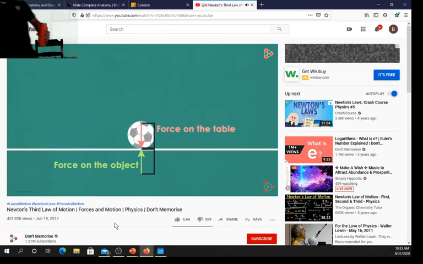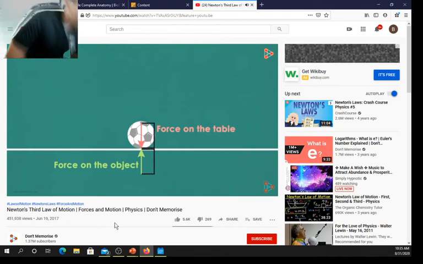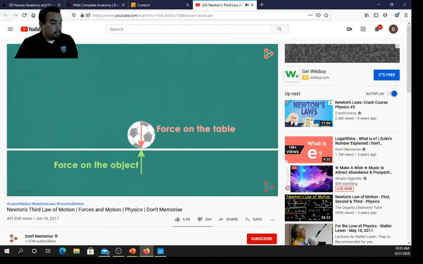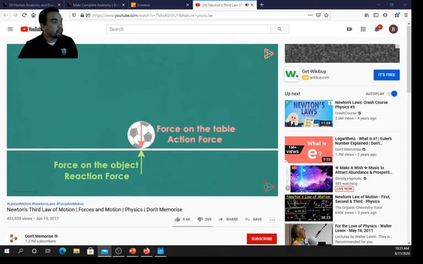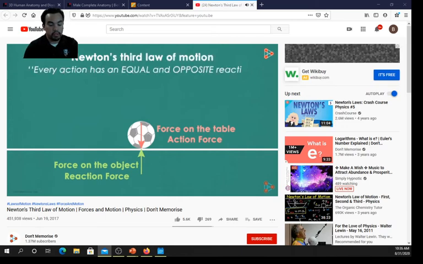The magnitudes of the two forces are the same, but the directions are opposite. These forces are called action and reaction forces. The force exerted by the object on the table is the action force, and the force exerted by the table on the object is the reaction force. What we saw here is nothing but a display of Newton's third law of motion. Every action has an equal and opposite reaction.